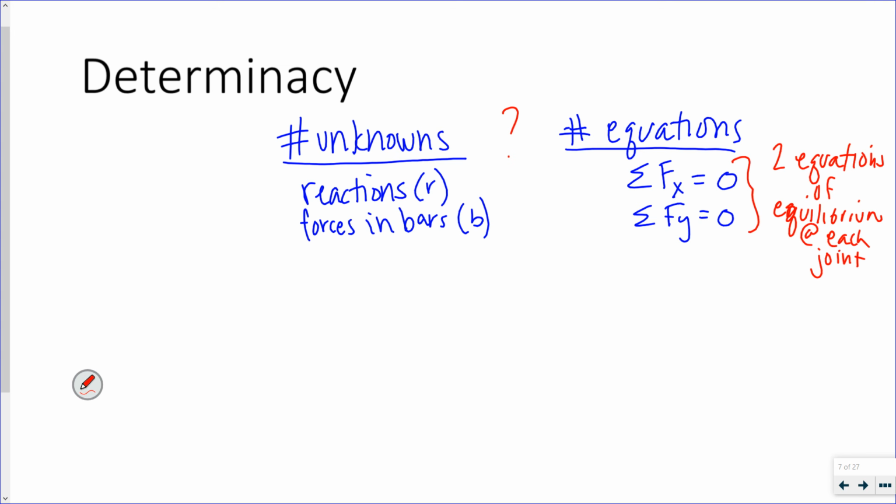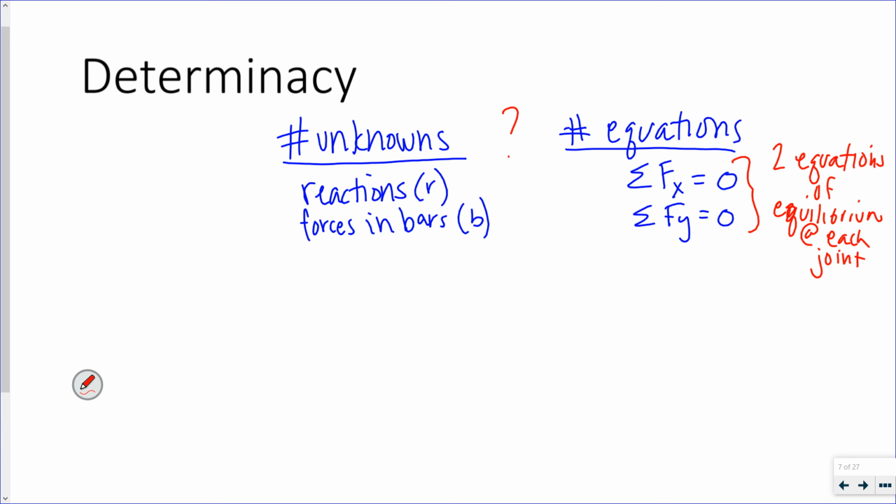At each pinned joint, it's a pin, right? So I can only have forces, I can't have moments. If I take the sum of the moments about that joint, it better be equal to 0. So I can only have the sum of the forces in the x direction be 0, and the sum of the forces in the y direction be 0.